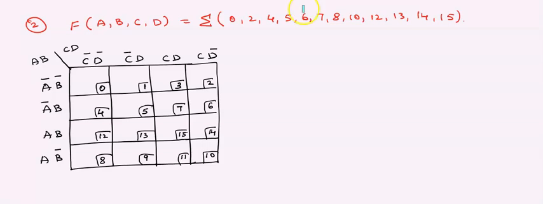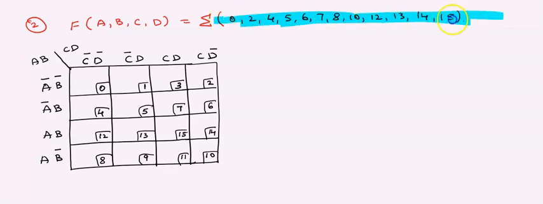Now see these terms, what is given. See these terms, what all the things they have given. If it lies, then you have to mark here. 0, where is 0? Here.